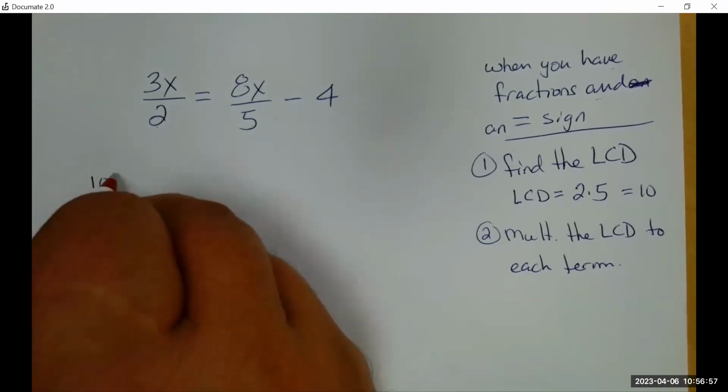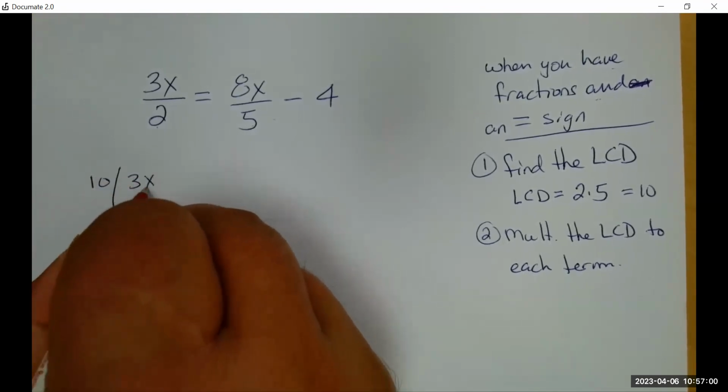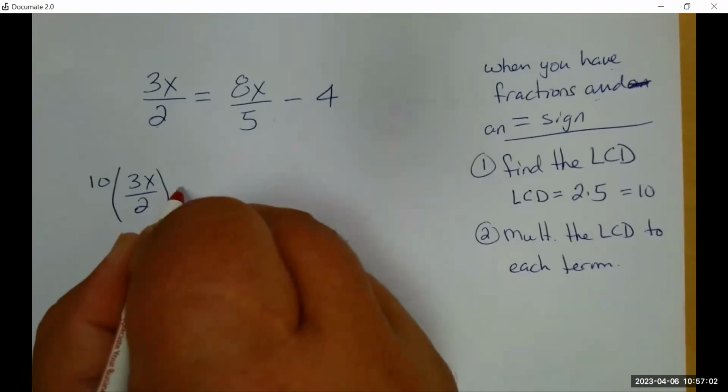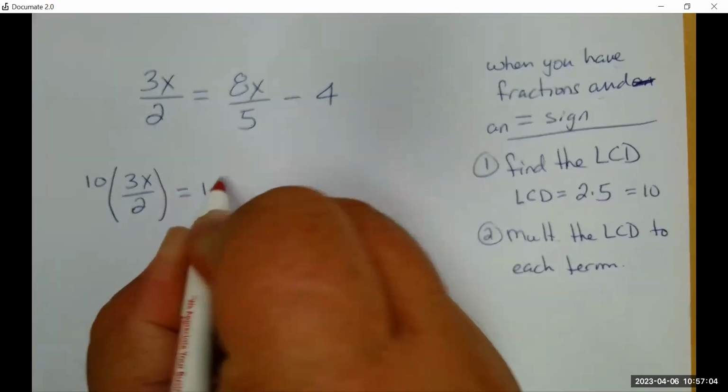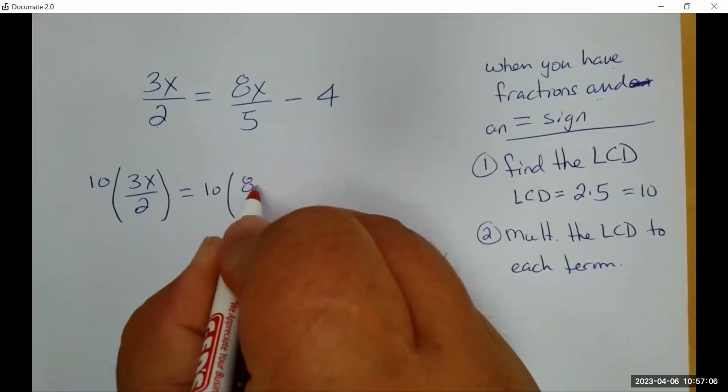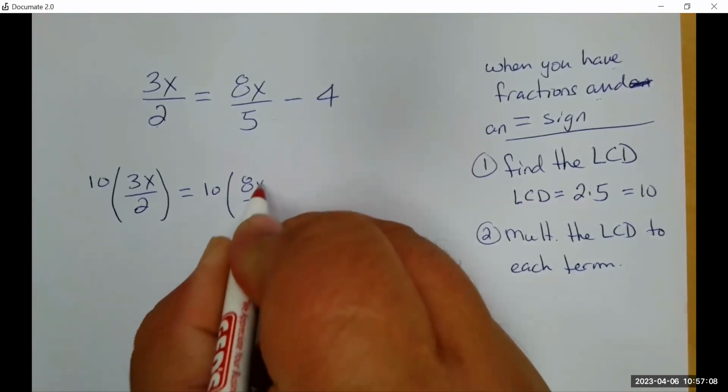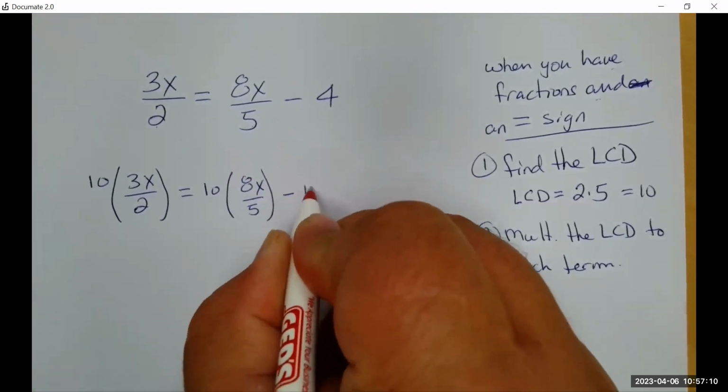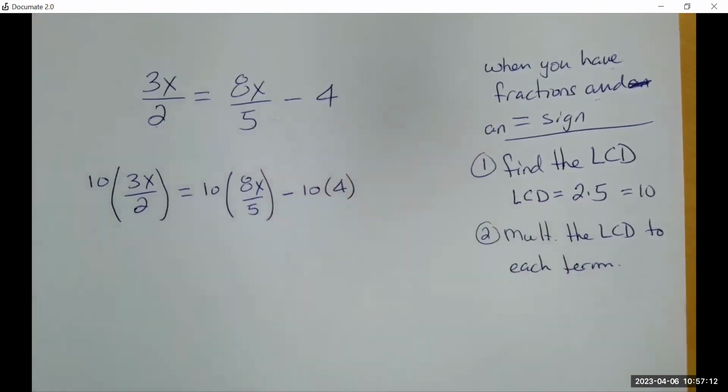So we have 10 times 3x over 2 equals 10 times 8x over 5, minus 10 times 4.